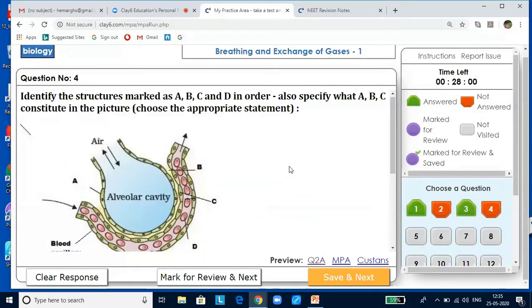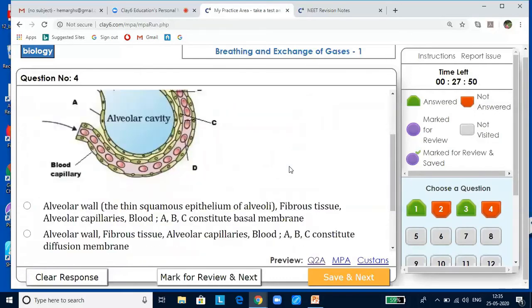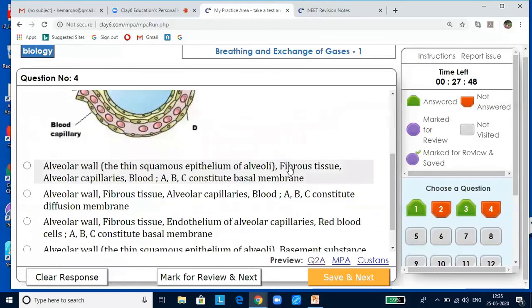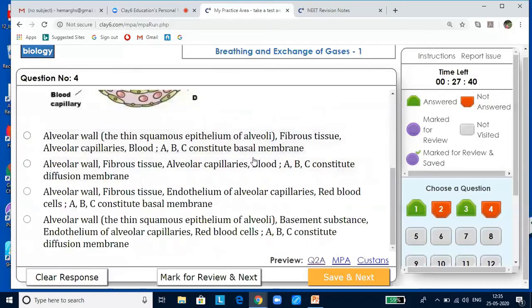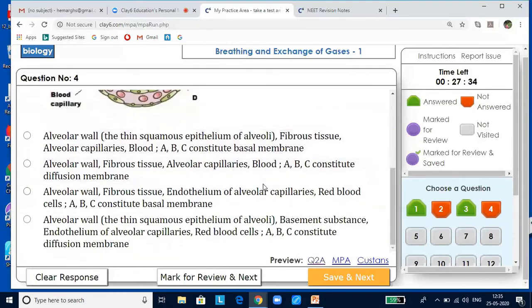Now identify the structures marked as A, B, C and D in order, and also specify what A, B, C constitute in the picture. Choose the appropriate statement. Alveolar wall, basement substance, endothelium of alveolar capillaries, red blood cells.